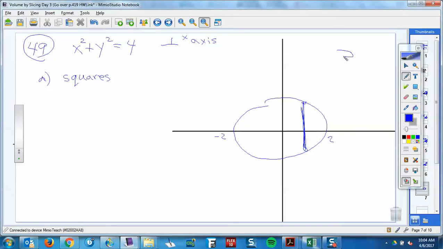So you just have to picture it now, and you can try to draw it. Try to draw your circle. Here would be a strip, and coming up off there's a square.